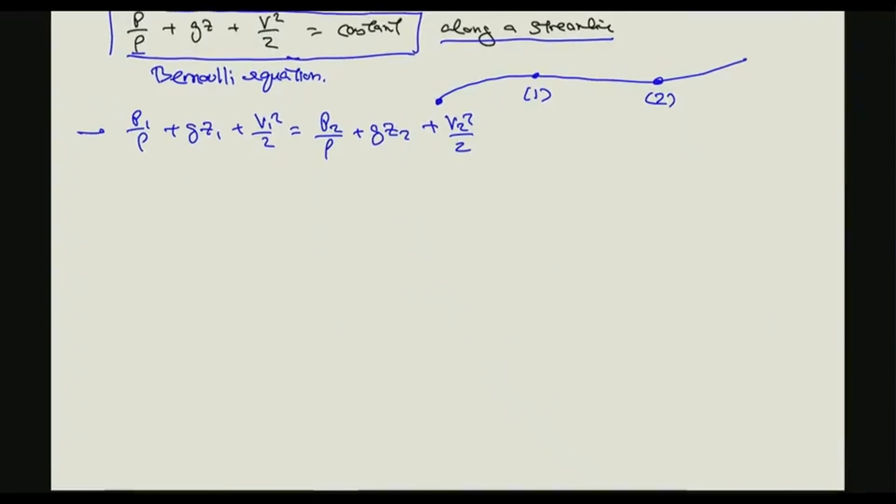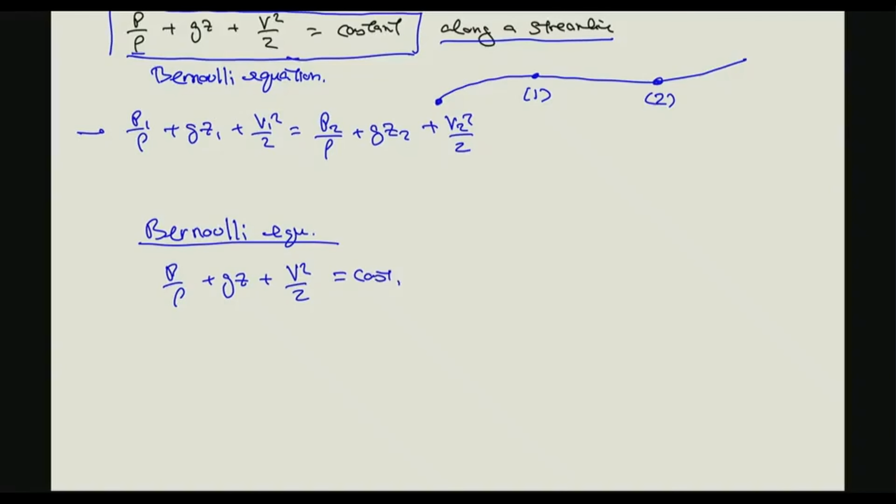So just to summarize and emphasize, Bernoulli equation, P over rho plus gz plus V squared over 2 is equal to a constant. And then the assumptions: steady, inviscid or frictionless.